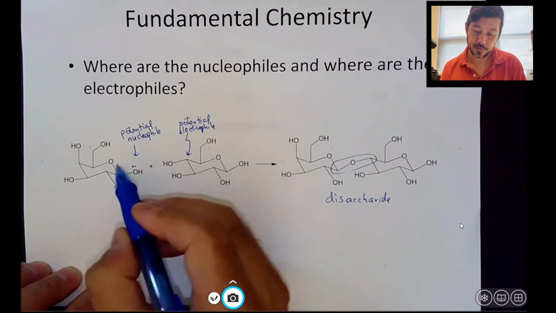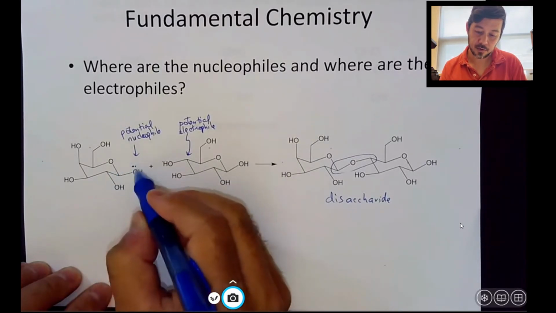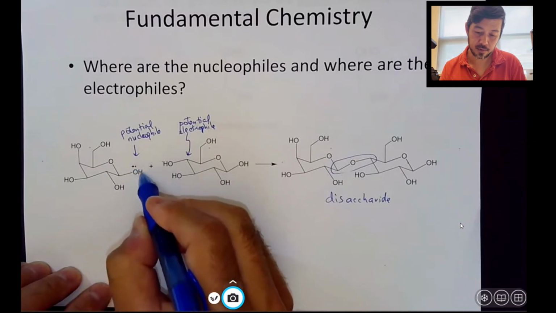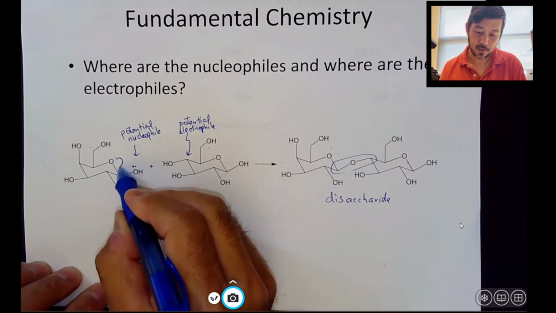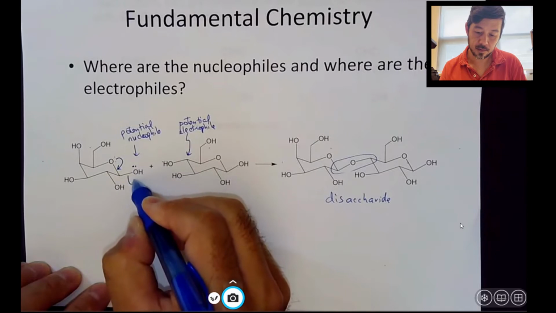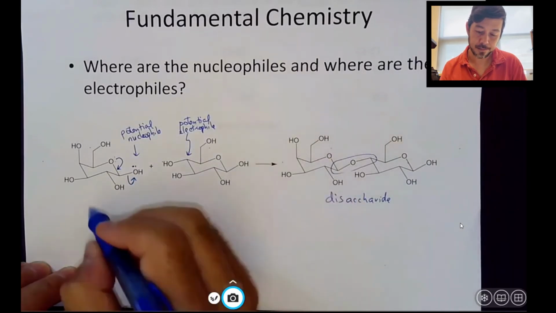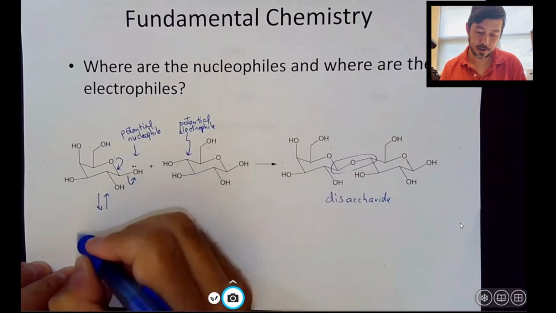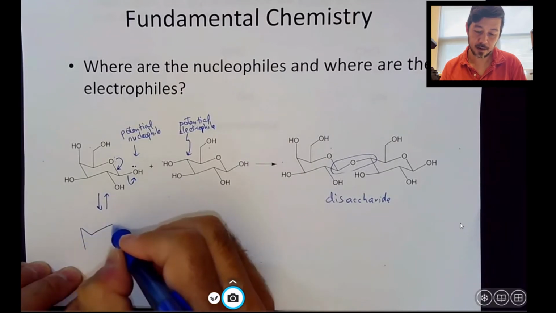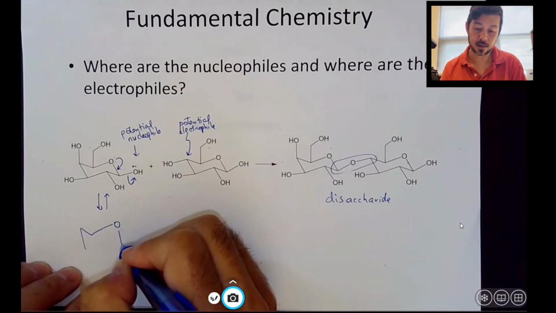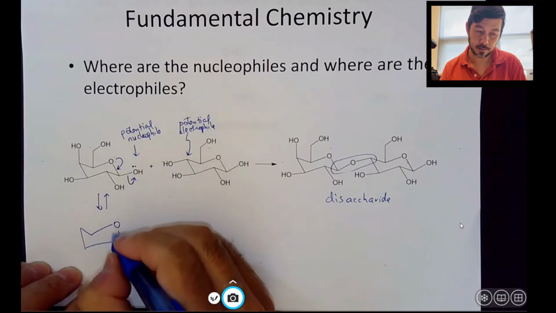And recall from the previous unit, through protonation and proton transfer, we could protonate here and form a double bond, and you could get release of water. And this will give you the oxocarbenium ion, which is really a resonance stabilized carbocation.